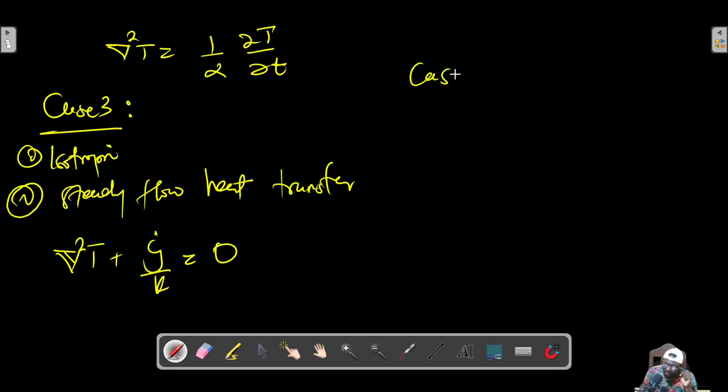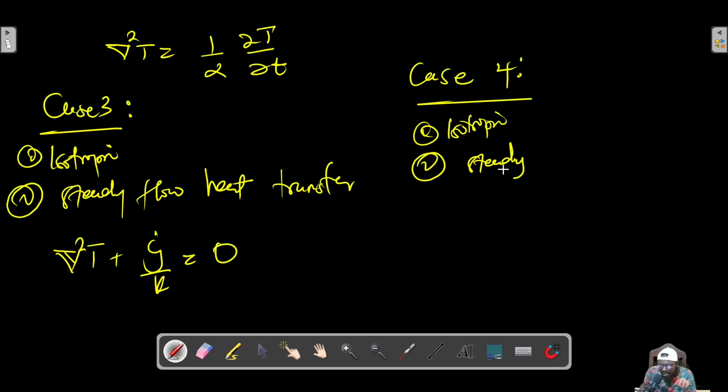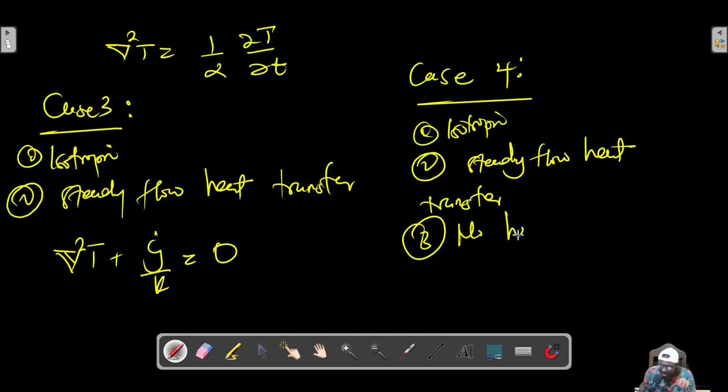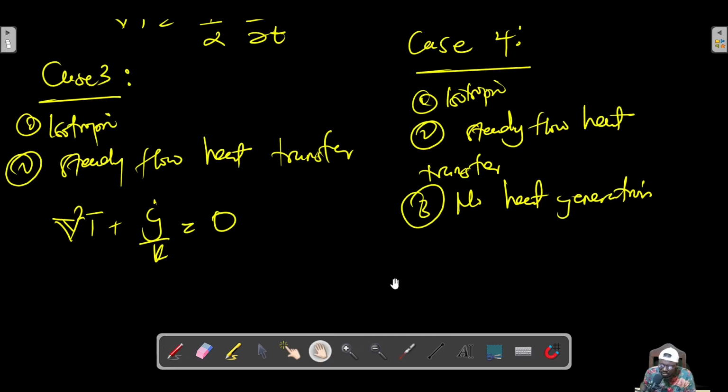Now for the fourth case, you can assume more other cases. You can also assume more other cases yourself. But for the fourth case, I'm going to talk about, let's just say the material is isotropic, you have a steady flow heat transfer, then the third one is no heat generation within your control volume.